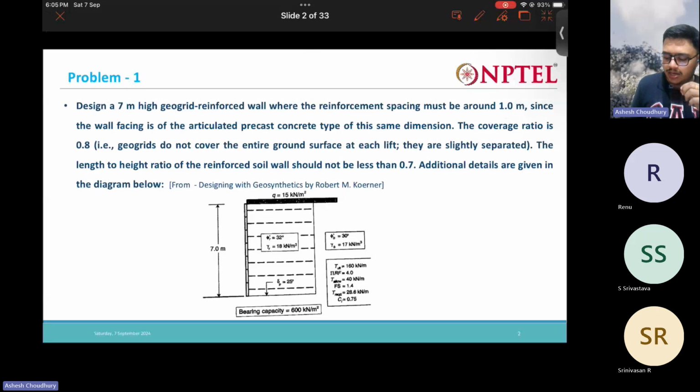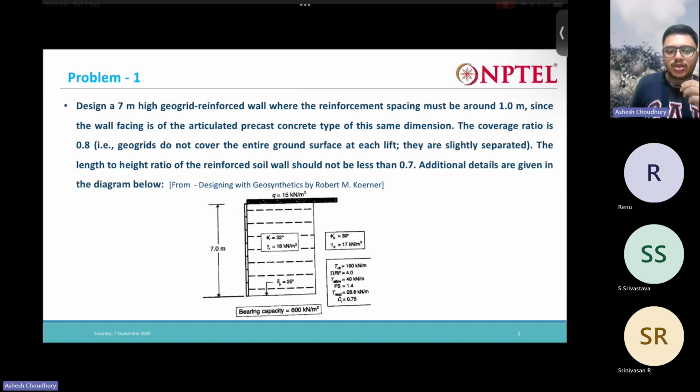We begin with this problem. We are asked to design a 7-meter high geogrid reinforced wall where the reinforcement spacing must be around 1 meter. Why 1 meter? Because the wall facing is of the articulated precast concrete type.